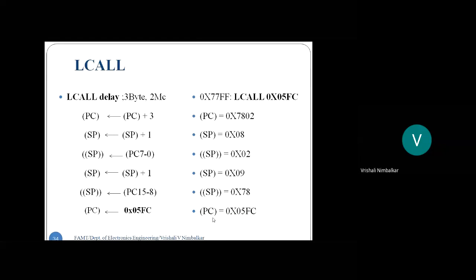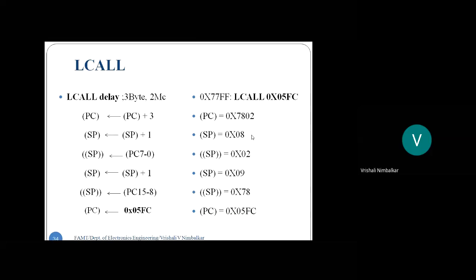Now, whatever address the program counter has, the microcontroller will start executing instructions from that address. So from 5FC hex, the instructions will begin executing. That's the subroutine. Hope you all are getting me, students. That's how the program counter, the stack pointer and the stack memory get modified.